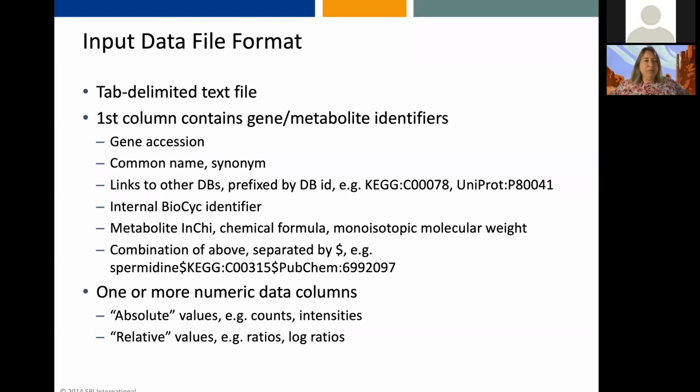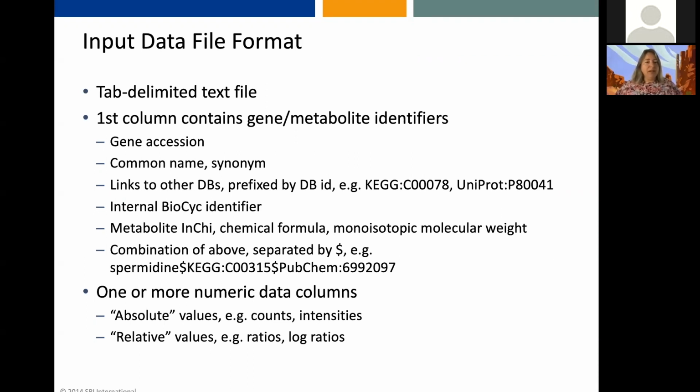PubChem has IDs that are purely numeric, so for those you would actually have to prefix it by the database ID. Obviously, we can use our internal BioCyc identifiers, although you might not know all those. For metabolites, you can use InChIs or chemical formula or monoisotopic molecular weight.